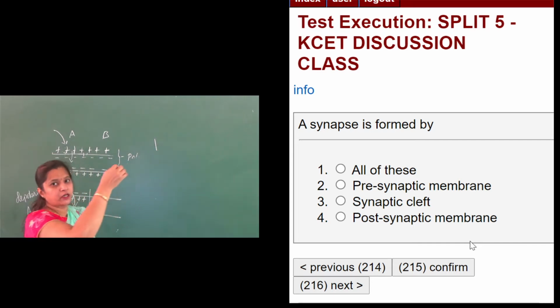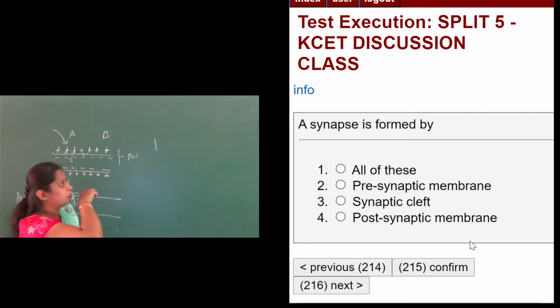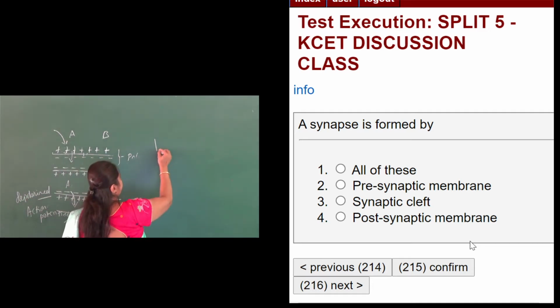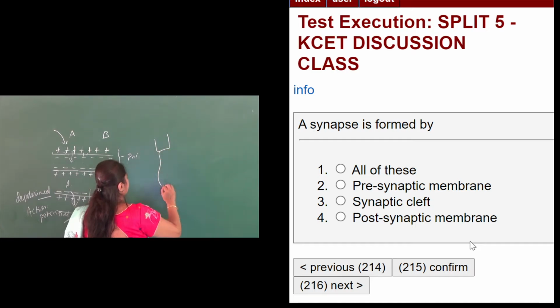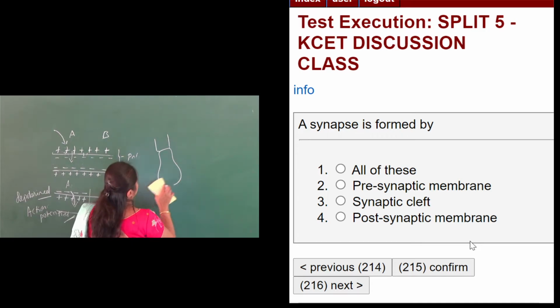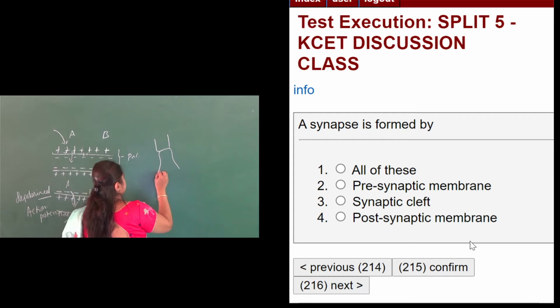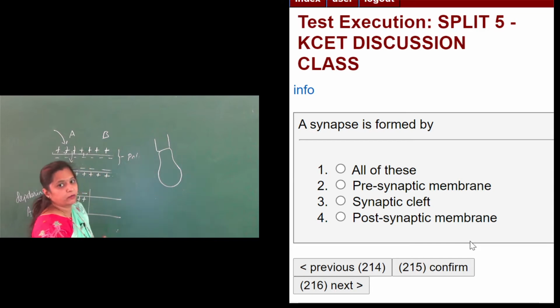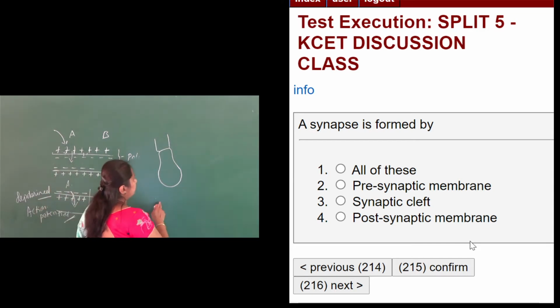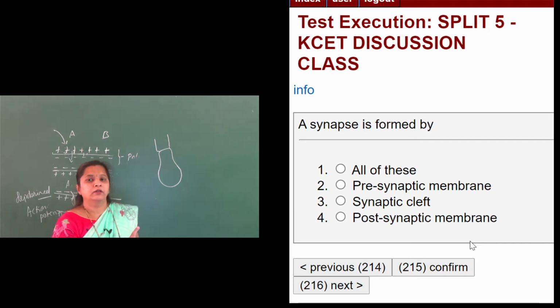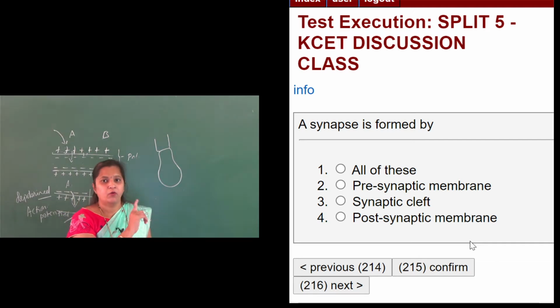The distal end of the axon has branches, and those branches end in a knob-like structure called a synaptic knob. So a nerve impulse transmitted from one neuron to the other neuron through junctions is called a synapse.